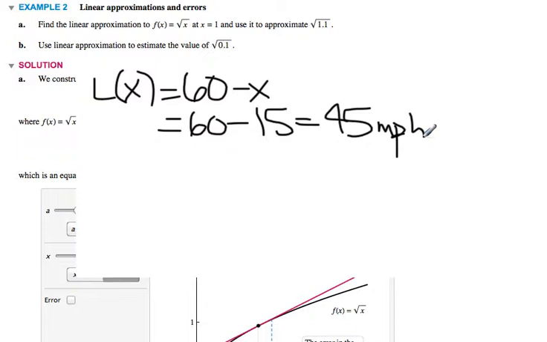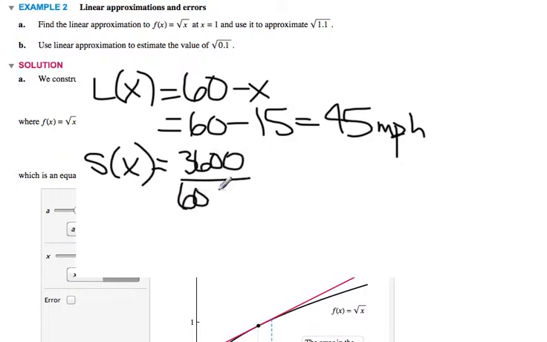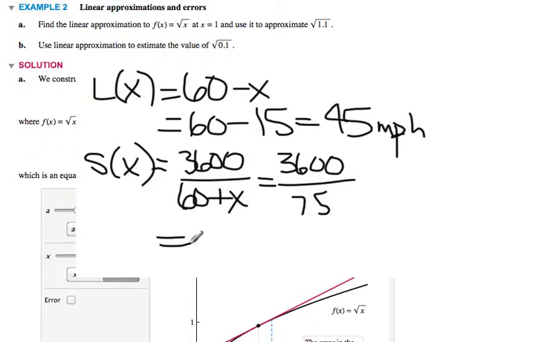The second part asks us to find the exact speed, so we're looking for s of x. S of x is 3,600 over 60 plus x. In this case, where x is 15, we're looking for 3,600 over 75.